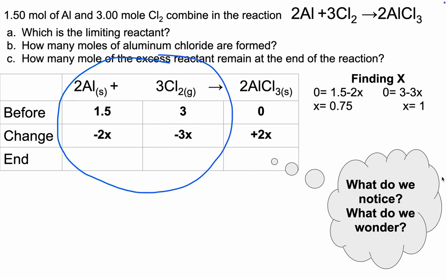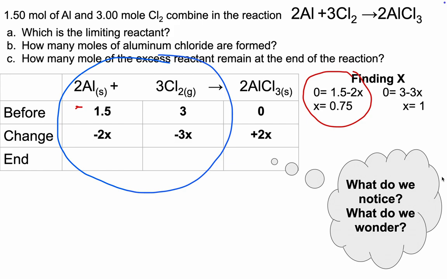So for finding x, I am taking how much I had of my aluminum, and I am subtracting 2x, and I'm setting that equal to 0. That's what I did right here. And I'm going to find that if that is what I run out of first, my x will be 0.75.